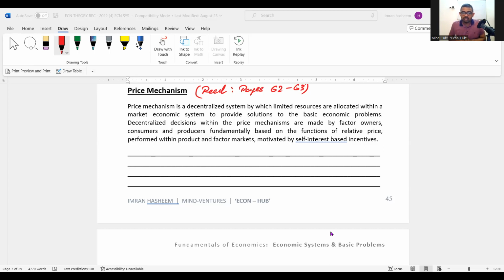So in a market economic system, within the price mechanism, consumers dominate or control the market by simply increasing or decreasing their demand for goods and services. That's all we have to do.